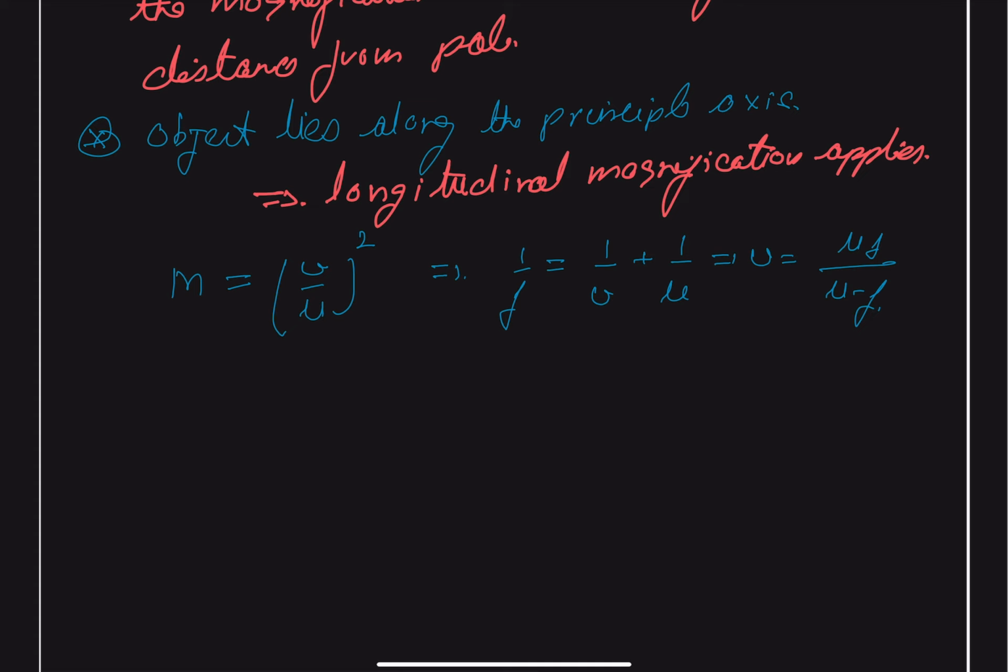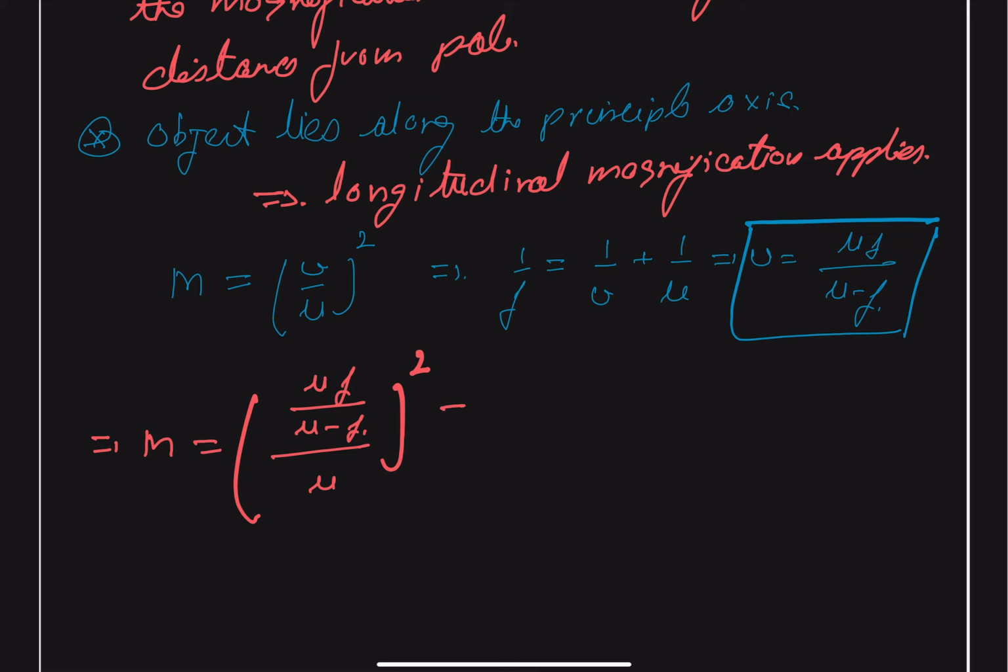And we can easily substitute the value of v in the magnification equation. So we get our magnification m will be equal to uf divided by u minus f, whole divided by u, and this is whole square. So u goes with u, and this comes as f upon u minus f and its whole square.